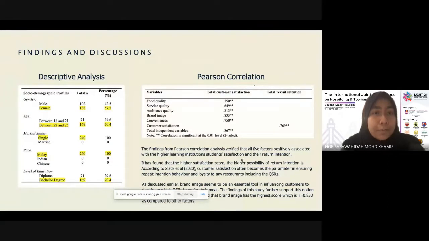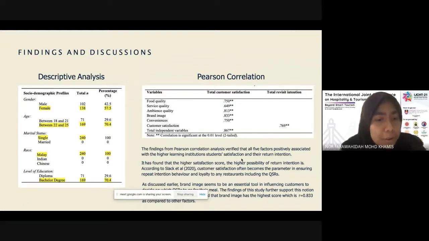As for the findings and discussion, as you can see here in the descriptive analysis displayed in the table, the majority of the respondents are female, at 57% of the total. Furthermore, 50% of them were aged between 22 and 25 years old.